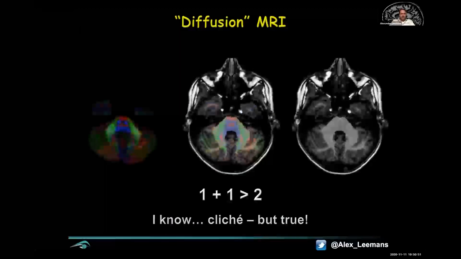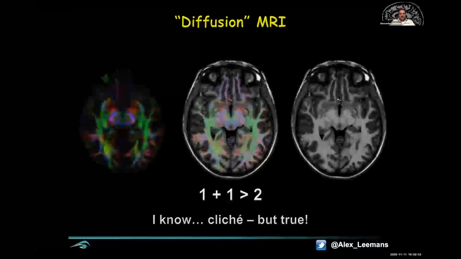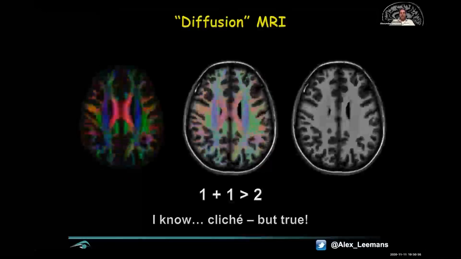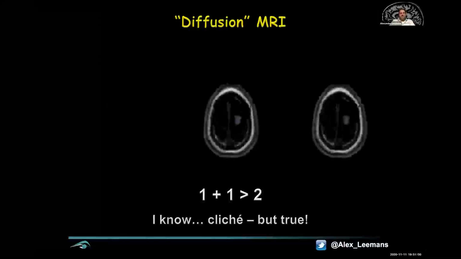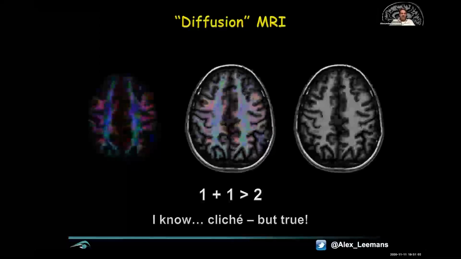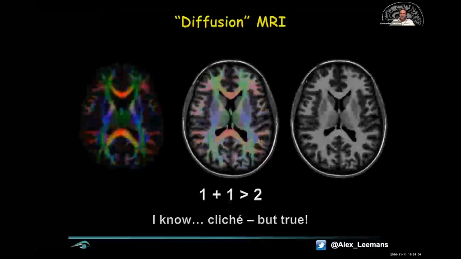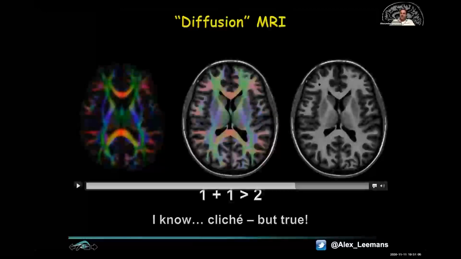So what I'm showing you now is an animation where I'm overlaying the diffusion color information on top of a T1 weighted MRI image. This conventional MRI image clearly shows the interface between white matter and gray matter, but within the white matter, you're kind of blind in terms of the orientation of the underlying pathways.